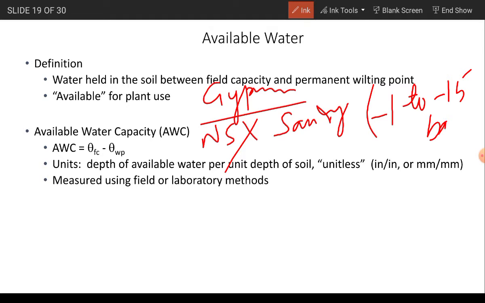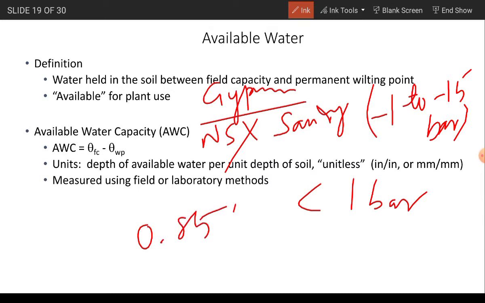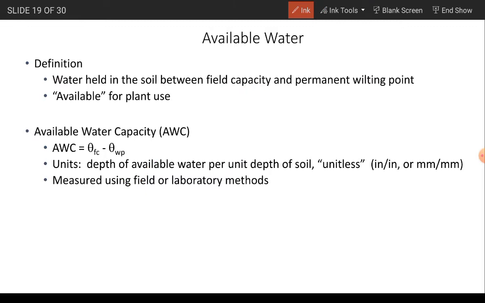But in sandy soil, the potential remains below 1, is it not? That's why we use the tensiometer for sandy soils. If you're not understanding, I can repeat this again.